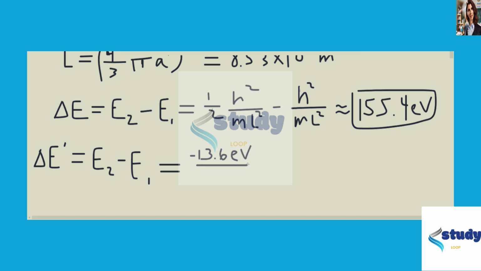So for E sub 2, this would be divided by 2 squared, which is 4. Then we subtract from that negative 13.6 divided by 1 squared, which is just negative 13.6.